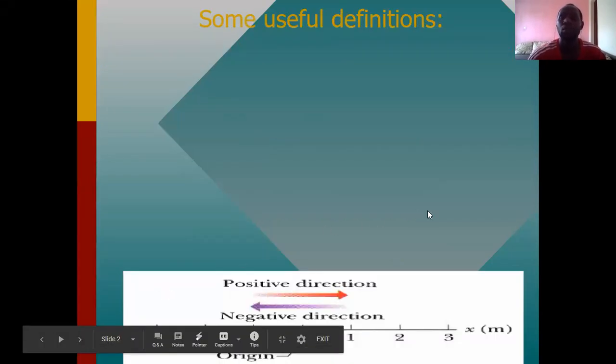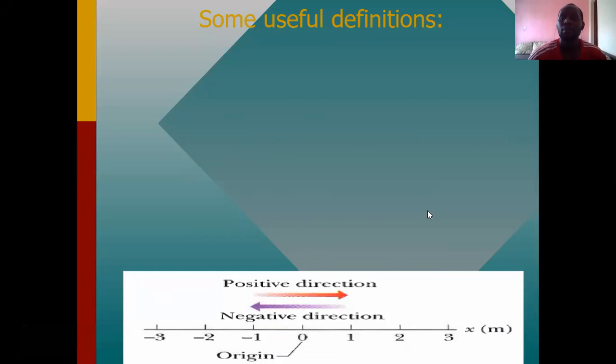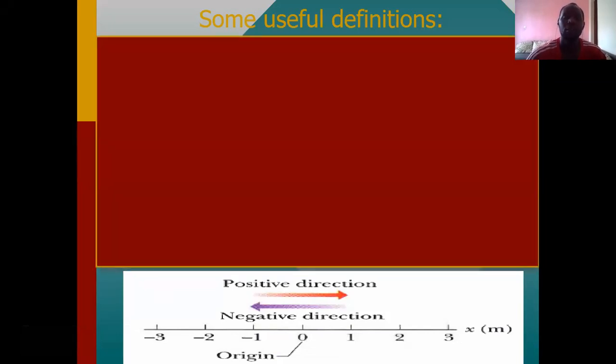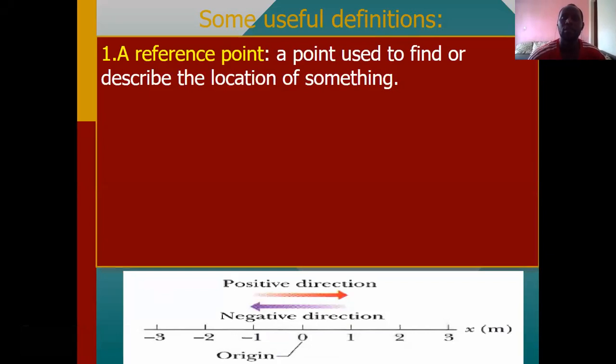Okay, so there are some terms that are going to be used to describe the object in motion. The first term is called reference.